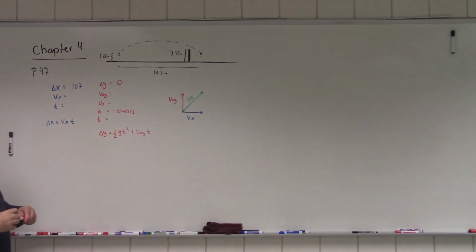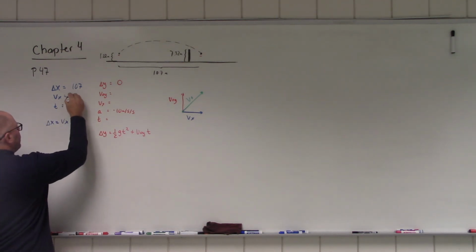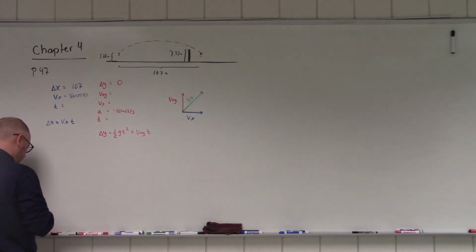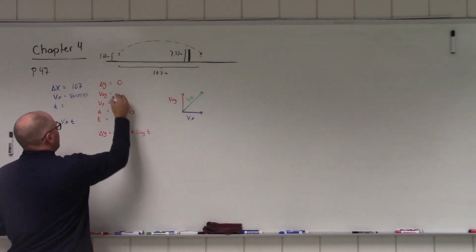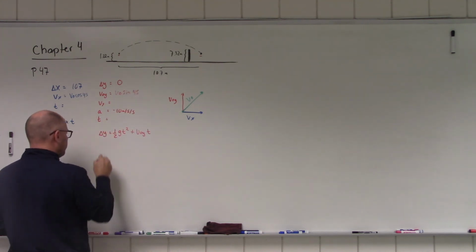So if your angle is 45, then this one is V0 cosine 45, and this one is V0 sine 45.